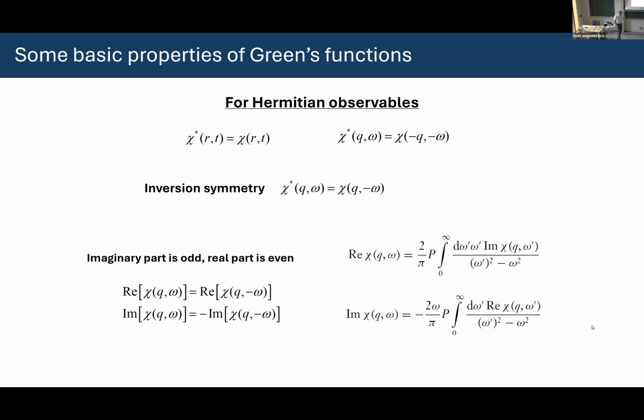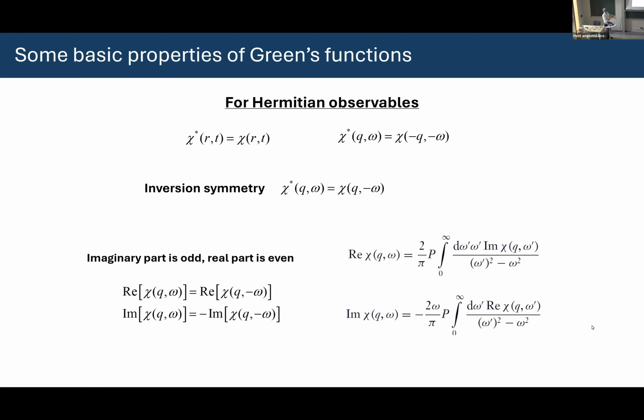Okay, so a few details. Most of the time when we make measurements, we measure some Hermitian quantity, like the density, and Hermitian quantities are real. And the consequence is that these susceptibilities will be real. The one electron Green's function is an example where this is not true because a wave function is not an observable.